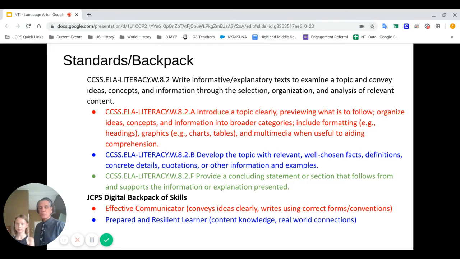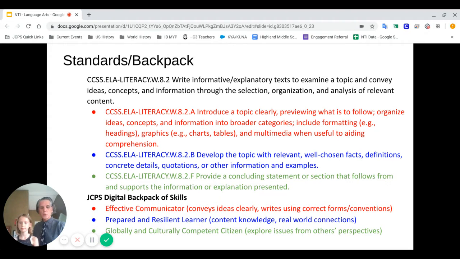And depending on which prompt you pick, there could be some real world connections. And globally and culturally competent citizen, again, depending on which prompt you pick, you could be exploring issues, you could be looking at other people's perspectives. So it could be, depending on what you write, any of these. No matter what, it will fit an effective communicator, but there are also a couple other options.